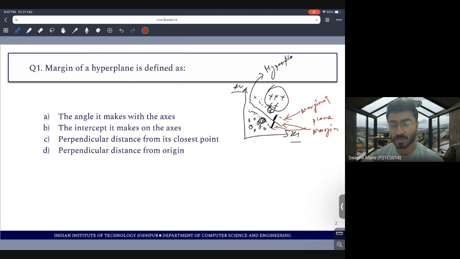So this is the actual concept we have seen in this week's lectures, right? So whatever process we have seen here is a hard margin plane. So this is a hard margin. So there are no instances or points we have allowed in between the hyperplane and this marginal plane.